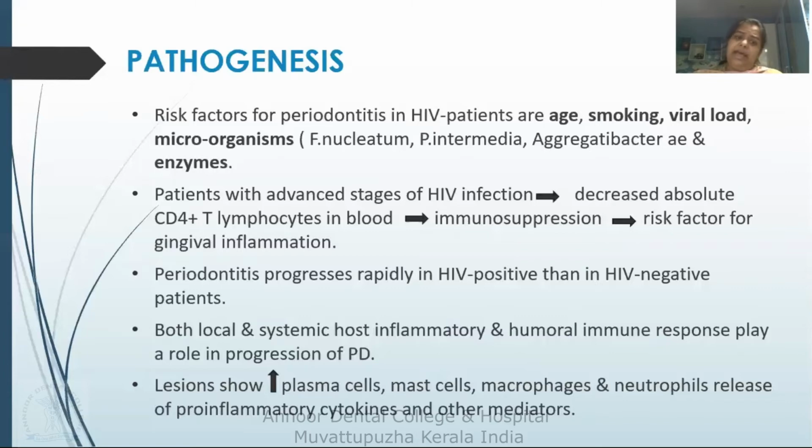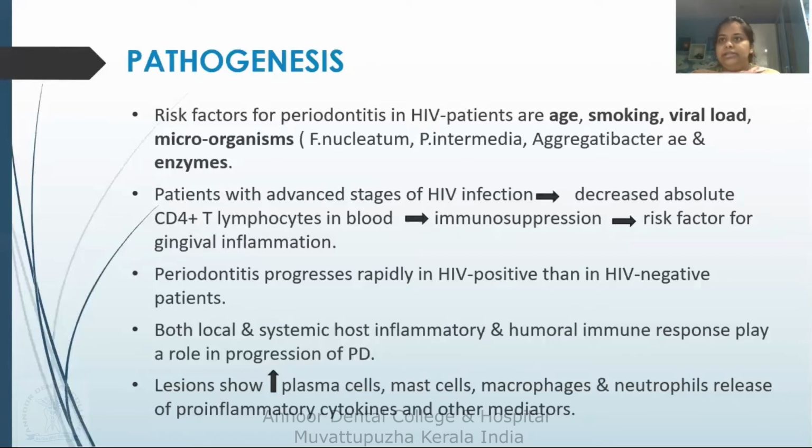So the patients with advanced stages of HIV, a full-blown HIV infection, what happens? They have a decreased absolute count, that is of less than 200 CD4 lymphocytes per millimeter cube in the blood. So this will lead to a complete depression of the immunity, or immunosuppression. And that is a risk factor for gingival inflammation.